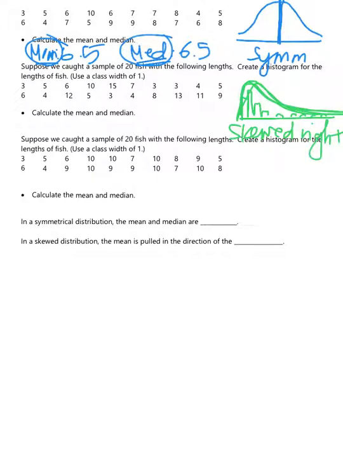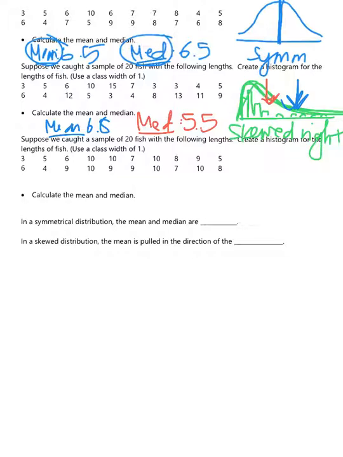And what happened here is the mean was 6.8, but the median ended up being 5.5. So the median ended up being around here, and the mean ended up being right around here.